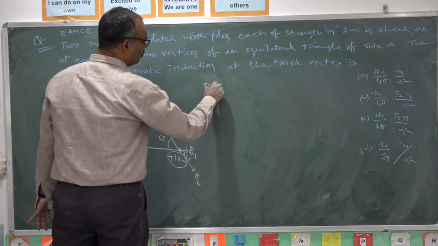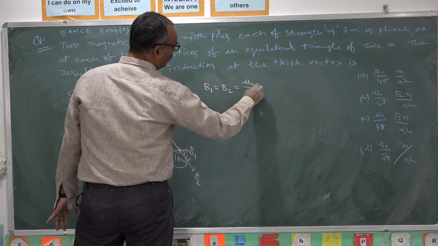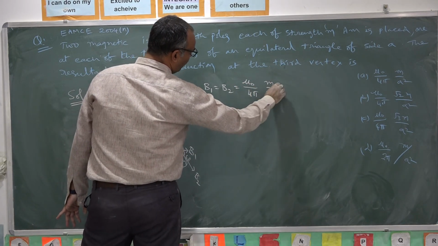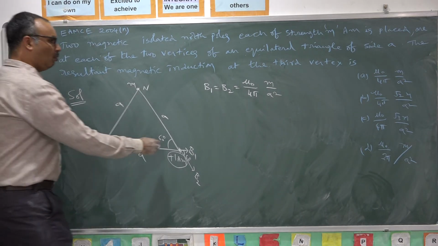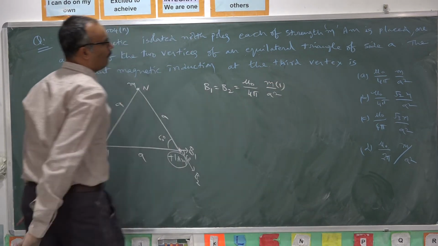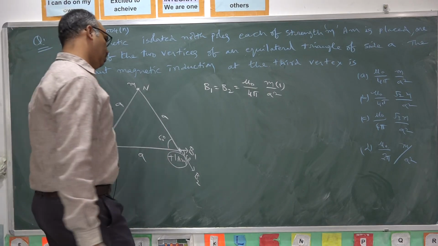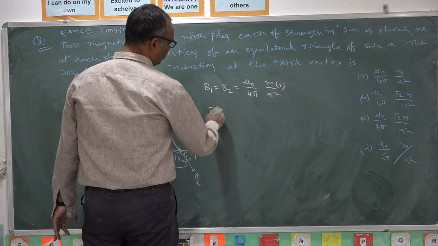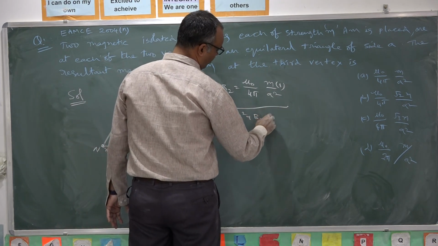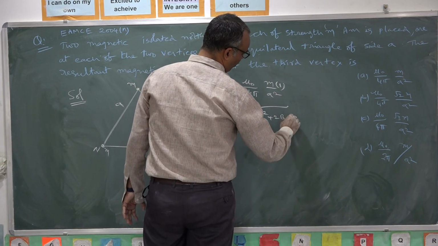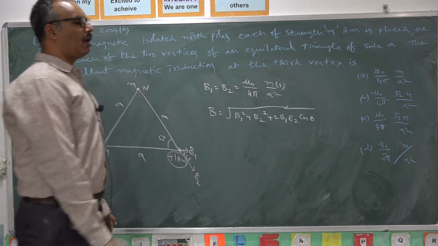B1 and B2 both have identical magnitudes, mu naught by 4 pi into m by a square, because the other north pole has pole strength 1. So the resultant magnetic field is the square root of B1 square plus B2 square plus 2 B1 B2 cos theta, as per the parallelogram law.